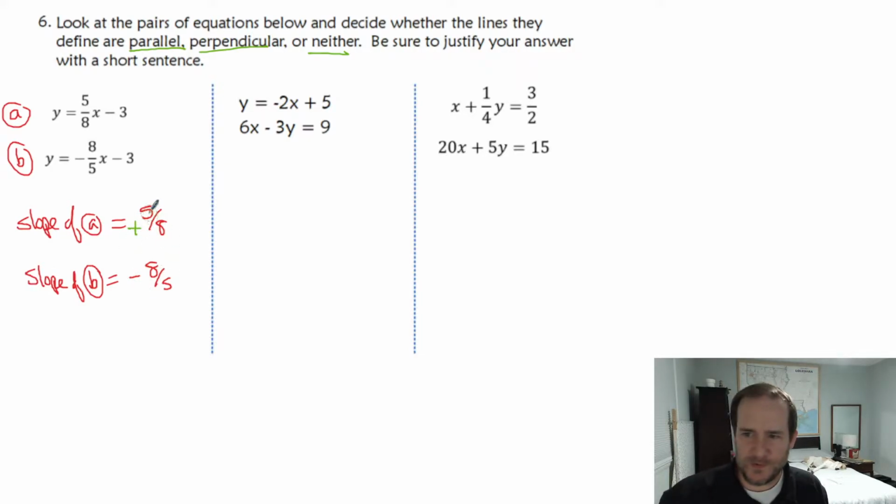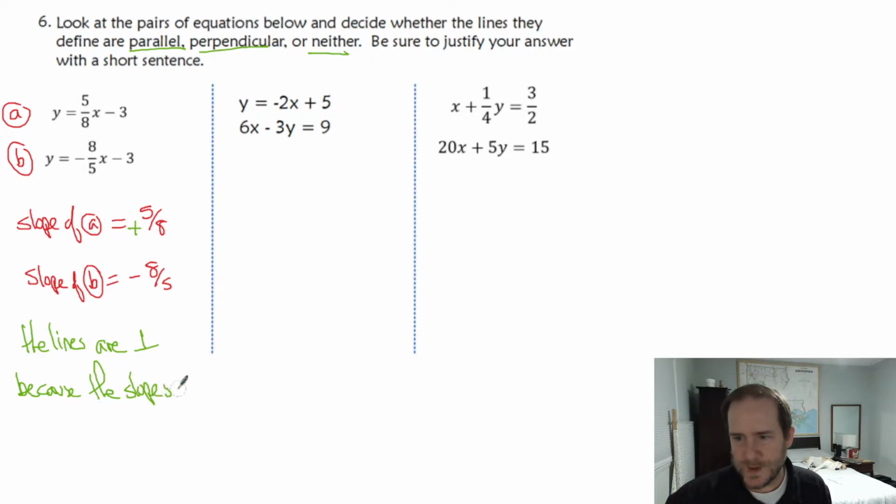Also, they're reciprocals because one of them is 5/8 and the other is 8/5. So you should be able to say the lines are perpendicular because the slopes are opposite reciprocals.